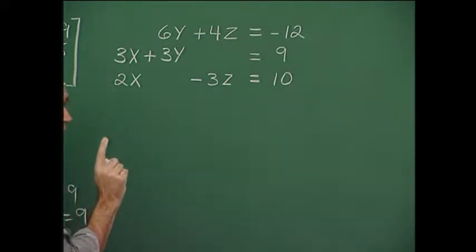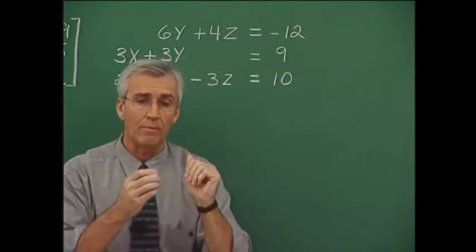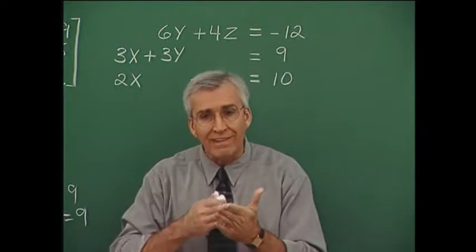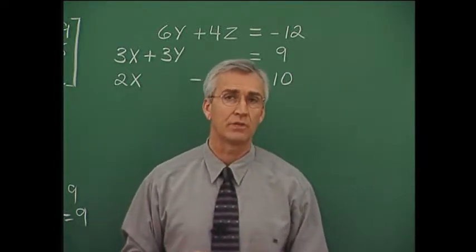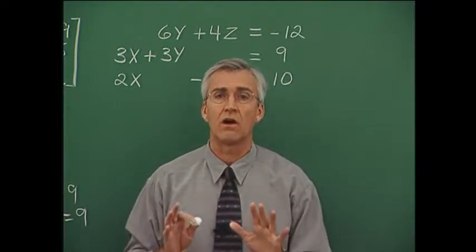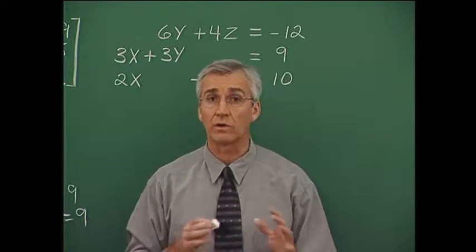Now, we can cause that to happen by swapping equations, or by adding a couple of equations or subtracting them, or dividing through an equation by a particular amount. Now, because we have so many options like that, there are several ways that are possible and correct to work these problems.